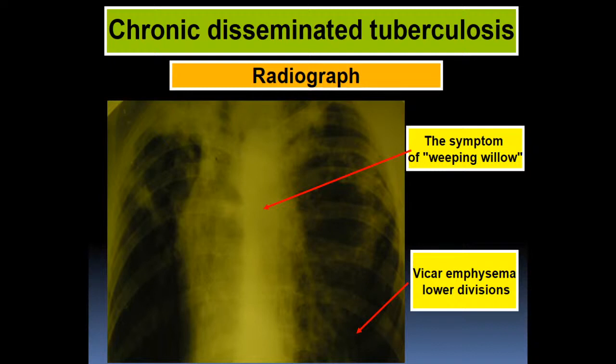And this symptom is named symptom of weeping willow. In lower parts of lung, we can see recurrent emphysema. If one part changes to connective tissue, in other parts of lungs can form emphysema.